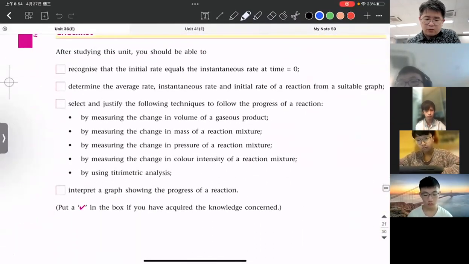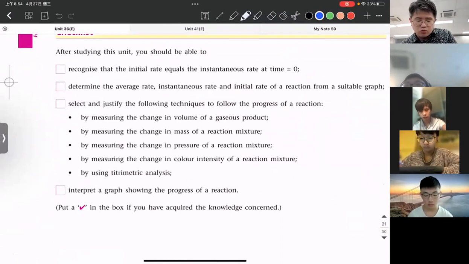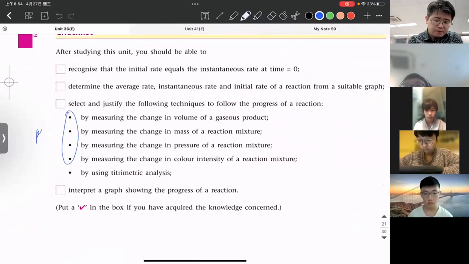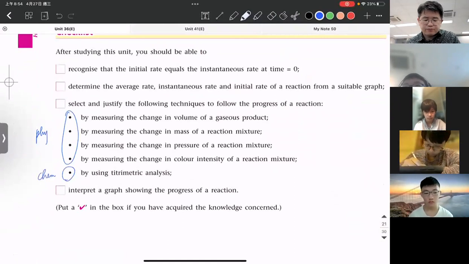You may know we will come to mainly the methods of monitoring the progress of a reaction. So you may find the first four being the physical methods, while this is the chemical method. And afterwards you may be given a graph, right?